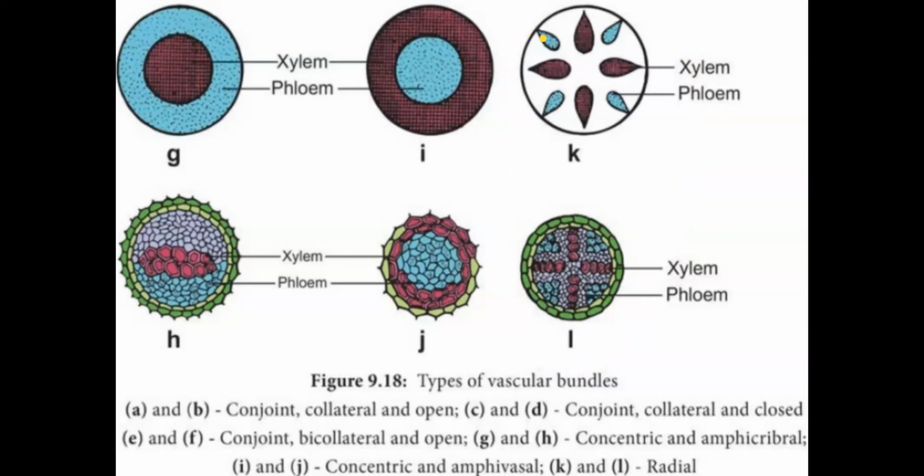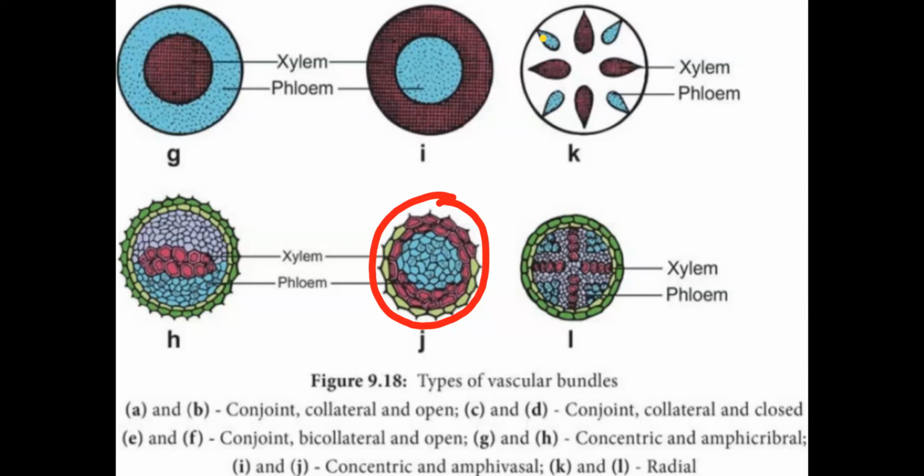Let's see this one. Is it radial or conjoint? Number 1, this bundle is conjoint because xylem and phloem are together. Okay. Second, is it concentric, collateral or bicollateral? Concentric, because one tissue is completely encircling the other.